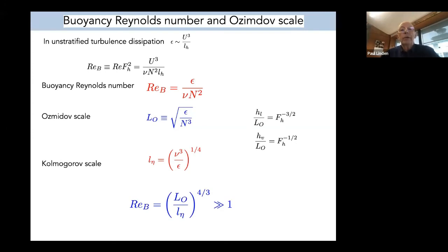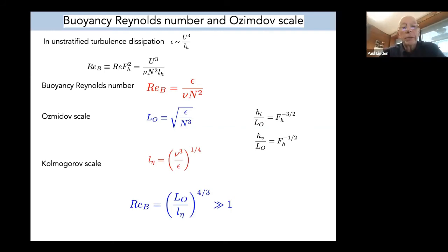So one of the things that we are interested in is the turbulent dissipation in a system, and if the flow is not stratified, then the turbulence dissipation takes place at small scales, but it's fed by energy at large scales. So just on dimensional grounds, if you have a flow with speed u and a length scale LH, the dissipation scales like u cubed over LH.